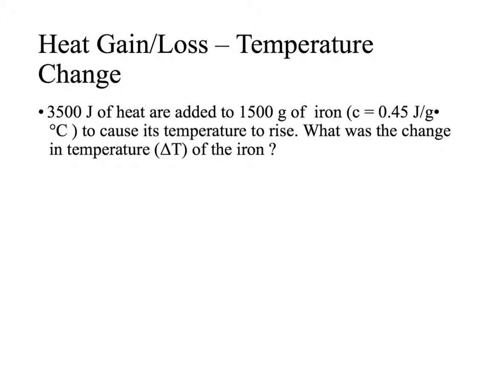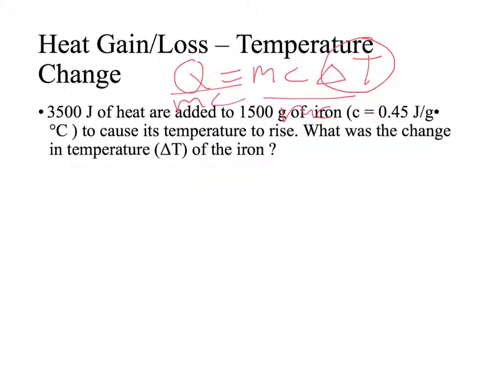Okay, in this case, what we're going to do is we're going to take the equation Q is equal to mc delta T, and we're going to solve for delta T. And to do that, I have to divide both sides by mc. We end up with delta T is equal to Q divided by mc.